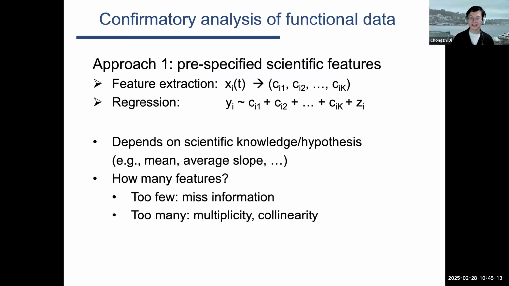You're probably going to miss some important information. But if you decide to use too many of those features, you may run into other problems like multiplicity. If you want to test significance for them, you have a multiple testing problem.